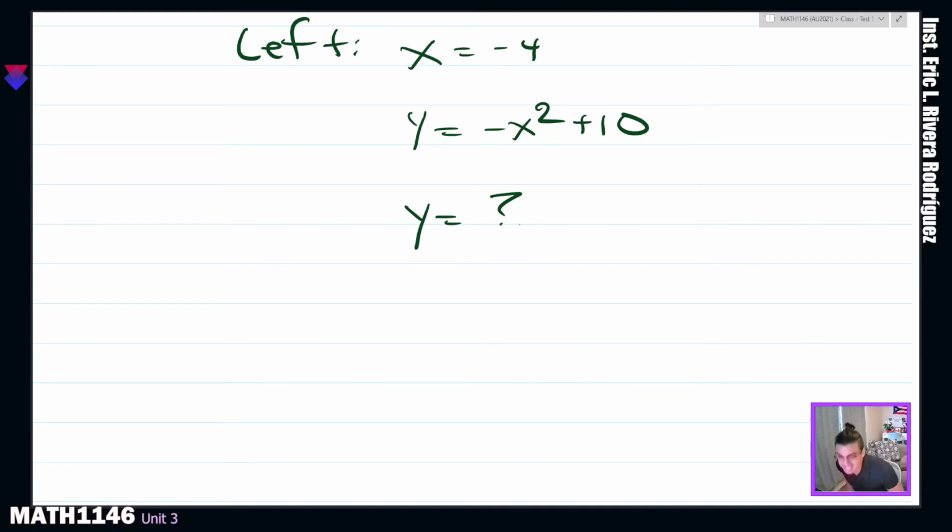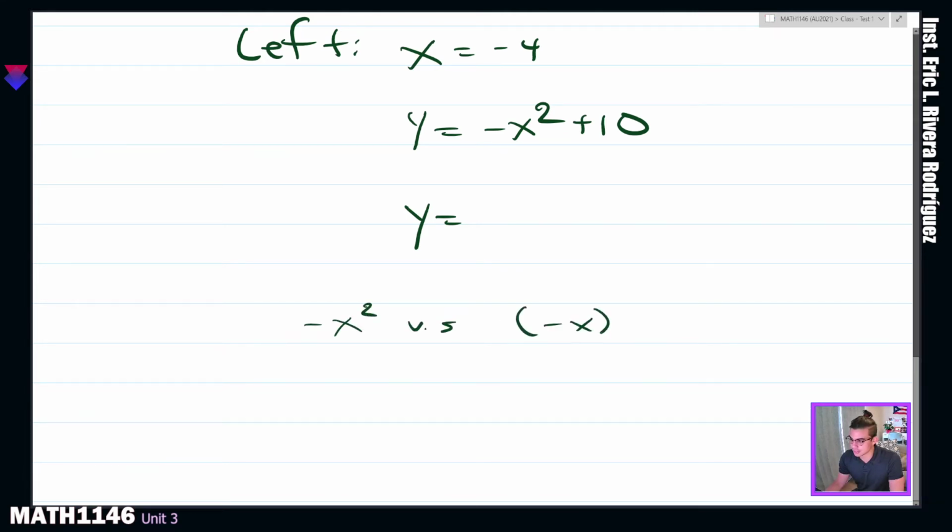All right, it is -6. And what I want to point out here is how we should interpret this exponent and this negative here. There is a difference between -x squared versus parentheses, negative x closing parentheses, squared. A common mistake here is applying this power of 2 to the negative, and that's incorrect, because it is not explicit that the 2 also belongs to the negative.